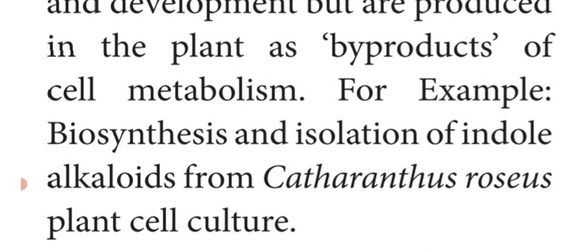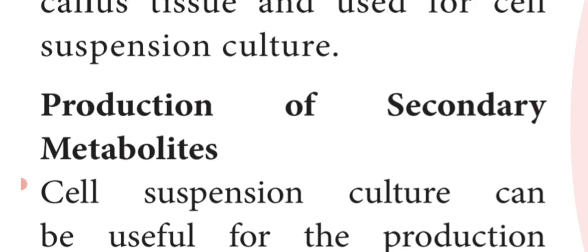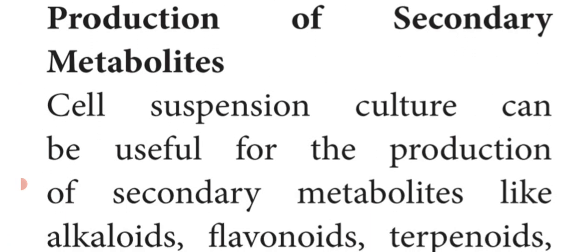This is an important 1-mark question: in which plant are they isolating the indole alkaloids by plant cell culture? What is the answer? Catharanthus roseus. So this is the production of secondary metabolites by using cell suspension culture.